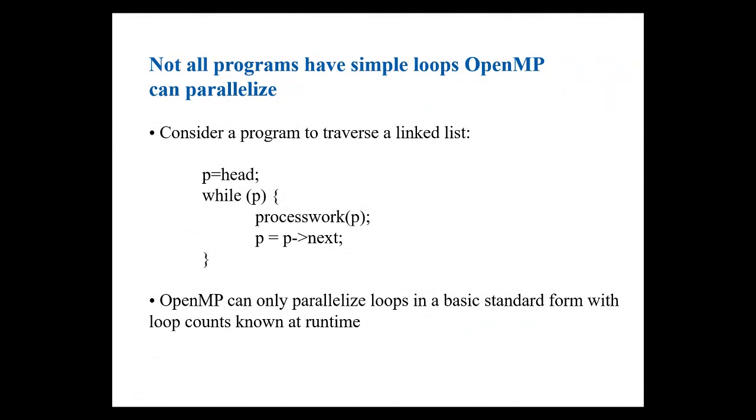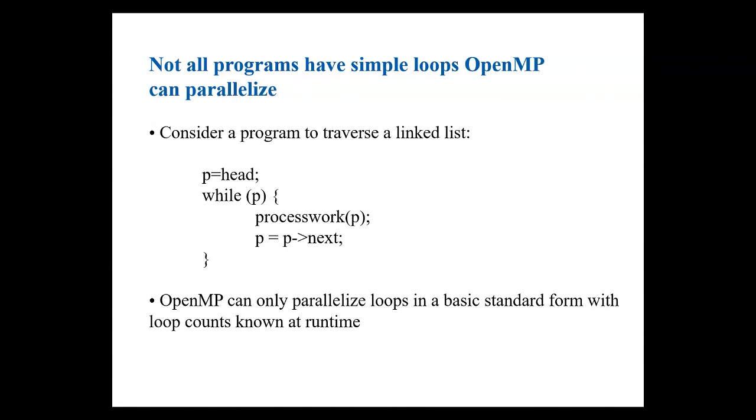Now, not all programs have simple loops that OpenMP can parallelize. There are many situations where it's not a simple loop, although loops are the dominant thing in scientific computing. So consider these types of situations. For example, if we are working on a linked list. For a linked list, we don't know how many elements are in the list.